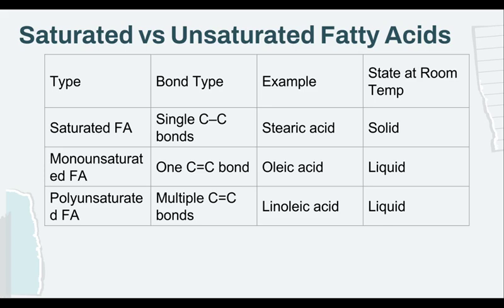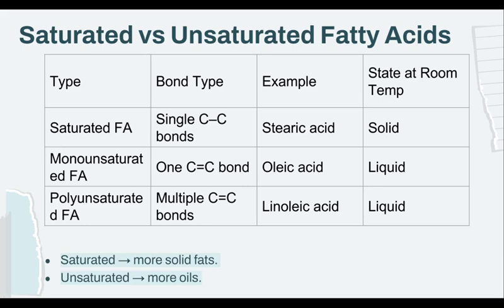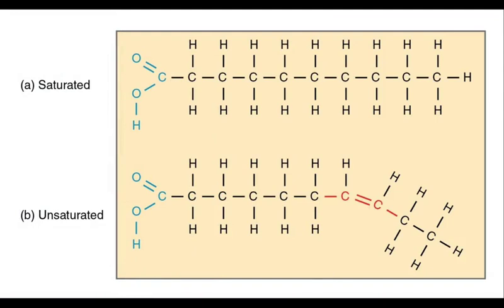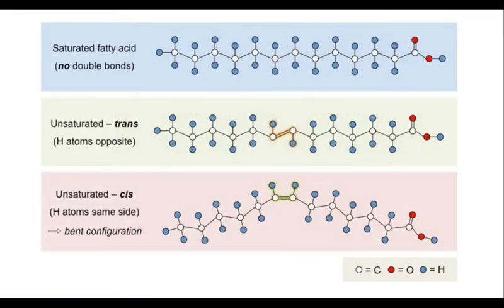In monounsaturated ones, there is one carbon-to-carbon double bond, and in polyunsaturated ones, there are multiple double bonds. Both these unsaturated fatty acids are in liquid form. So the saturated ones make more solid fats, and the unsaturated ones are more oils. This is an example of unsaturated ones. You can see the difference.